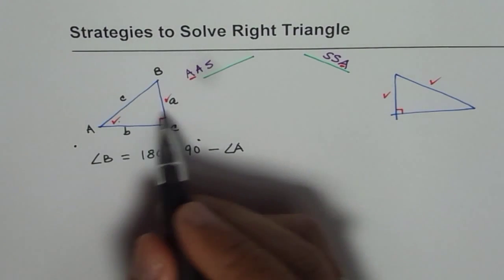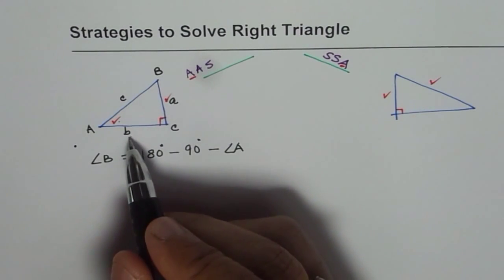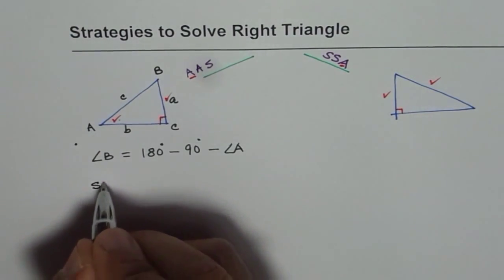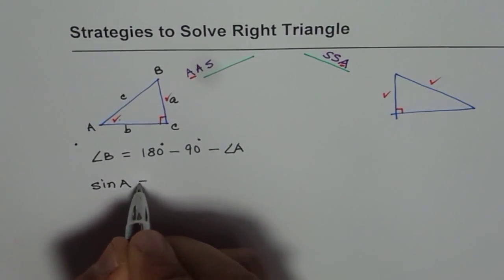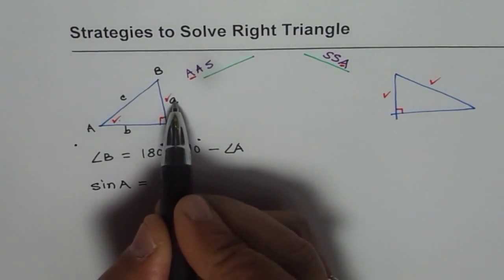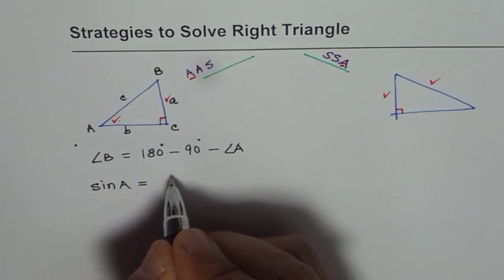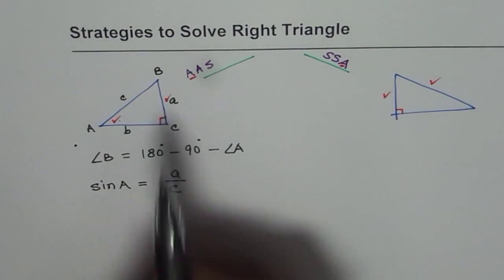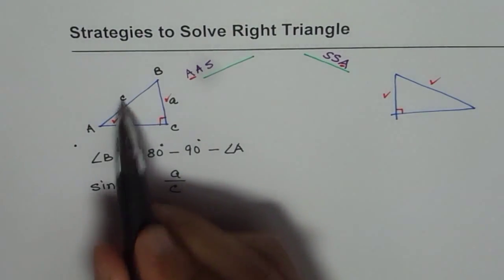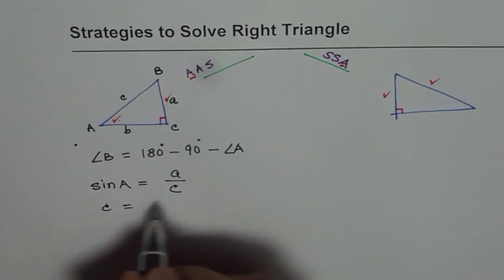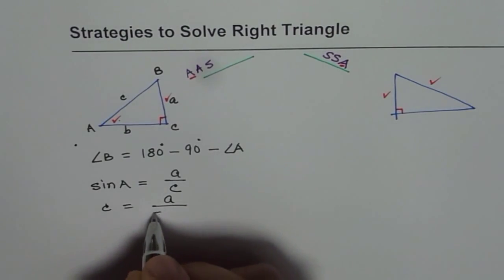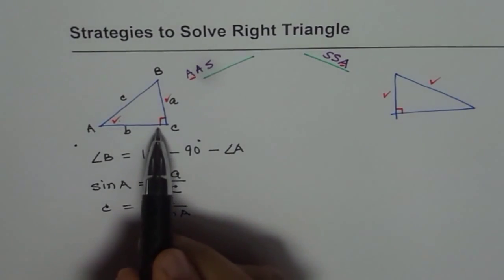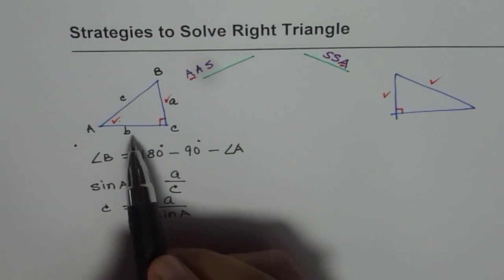Now for the sides, we can use ratios of trigonometry to figure out the sides. For example, what is sine of A equal to? Sine of A will be opposite side over hypotenuse, which is a over c. Now here a is known to us, and therefore we can find side c. So side c is equal to a over sine A. To find side b, we can use the ratio of tan.